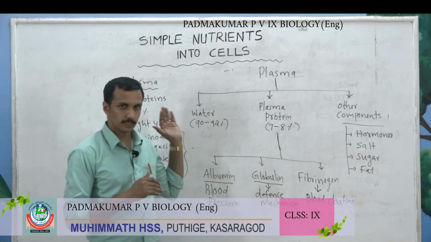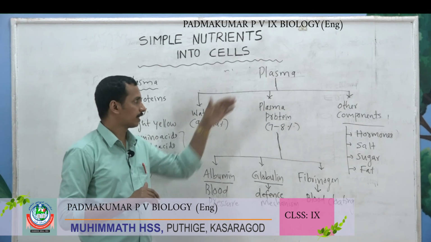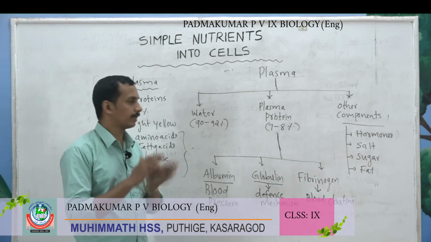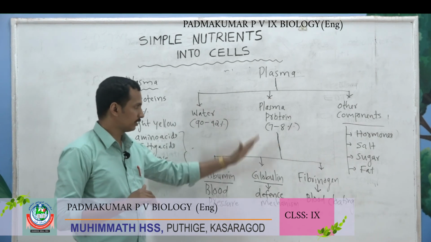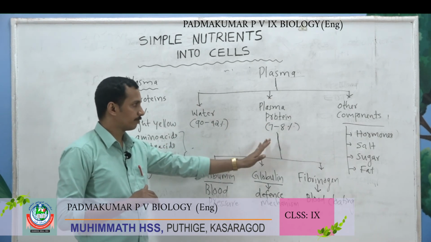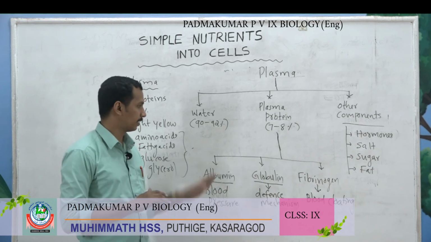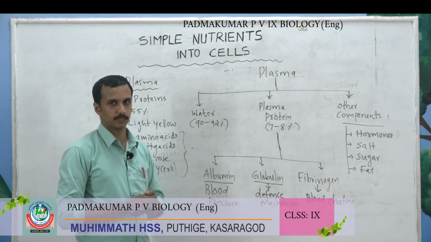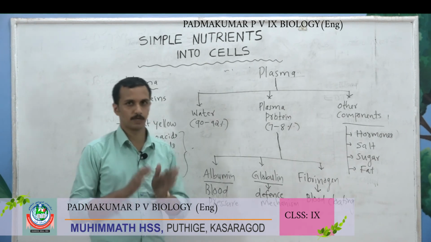Then general information about plasma. Then a chart showing components of plasma. Then the main proteins present in our blood, the three proteins present in our blood sample, and the functions they perform.